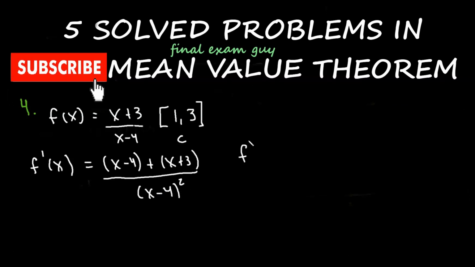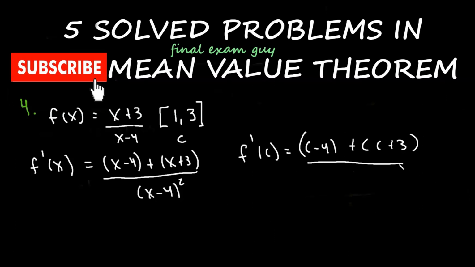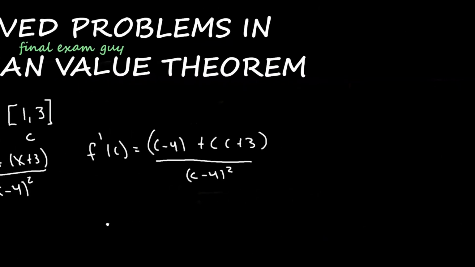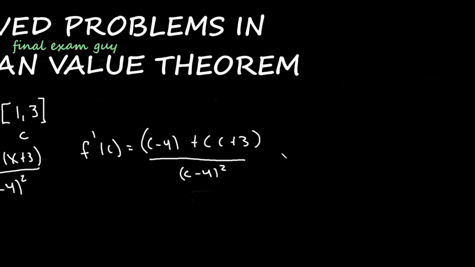So f prime of c is equal to c minus 4 plus c plus 3 all over c minus 4 squared, and that must equal f of 3 minus f of 1 all over 3 minus 1, which is just 2.